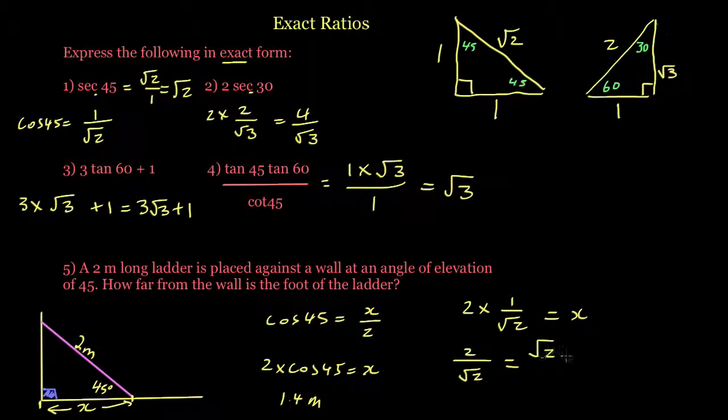The square root of 2 times the square root of 2 is the number 2. And we're dividing that all by the square root of 2. And we cancel these out. And we're left with just 1 square root of 2. And that's meters for our distance. Now once again, if you enter the square root of 2 into your calculator, you'll also get 1.4 meters. So you can see that these relate directly, but this is the exact answer.